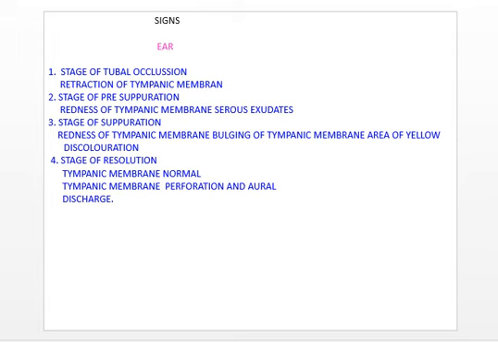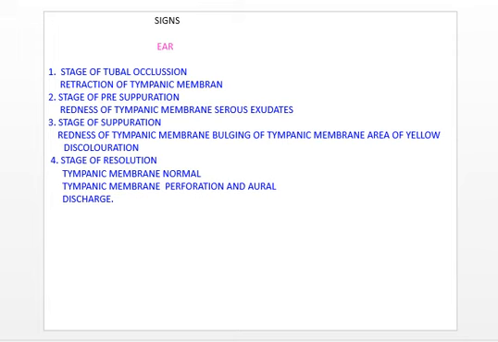In the stage of suppuration, the next stage which comes within a few days, there is excessive redness of the tympanic membrane, and excessive swelling is also responsible for bulging of the tympanic membrane because of collection of now pussy fluid in the middle ear cavity.